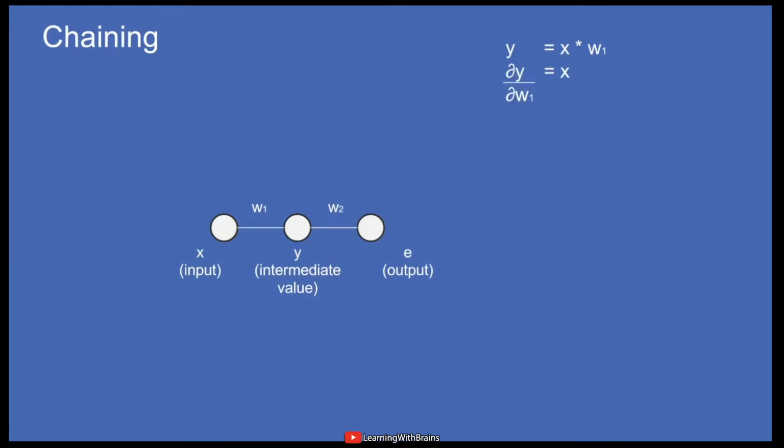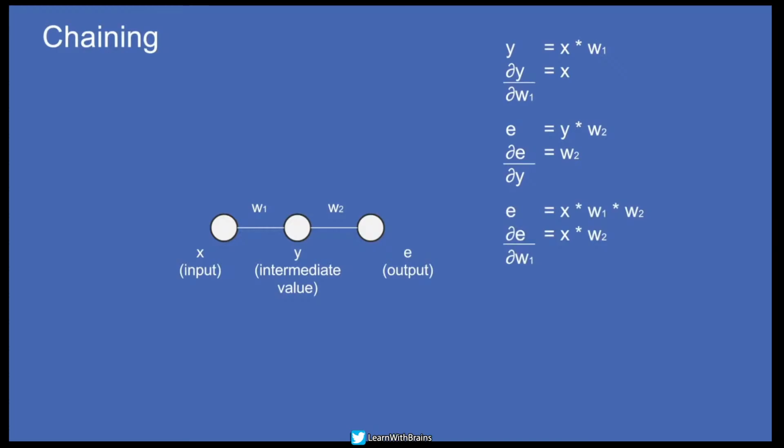So if we change w1 a little bit, we just take the derivative of y with respect to w1, and we get x. The slope is x. If I change w1 by a little bit, then y will change by x times the size of that adjustment. Similarly, for the next step, we can see that e is just the value y times the weight w2. And so when we calculate dE dy, it's just w2.